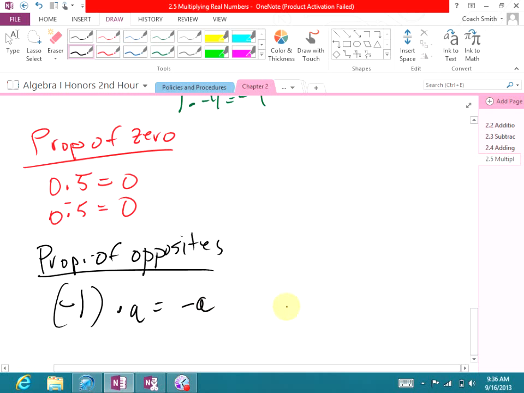So, for example, if I take -1 times -4, what is the opposite of -4? It's 4, the positive of 4. So just understand that anytime you take -1 times any number, you're going to get the opposite of that number.